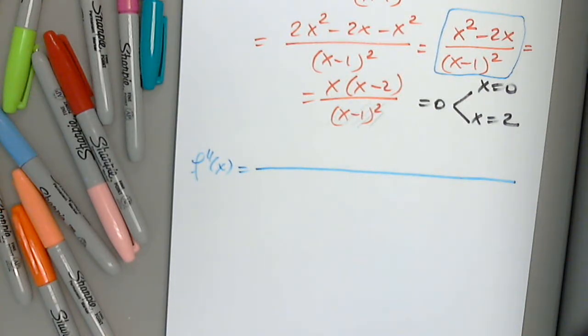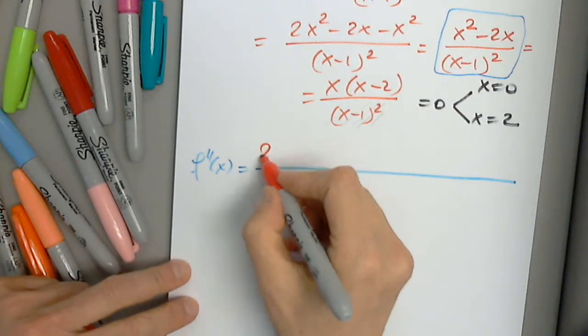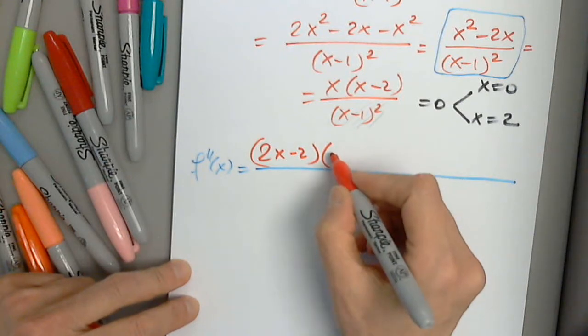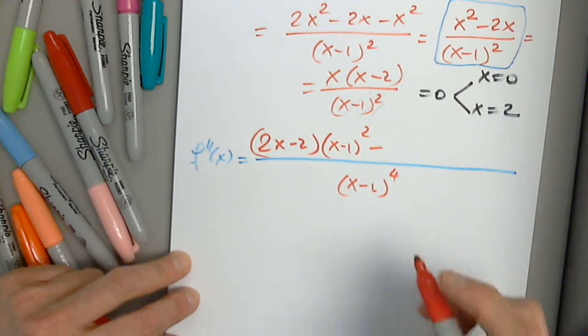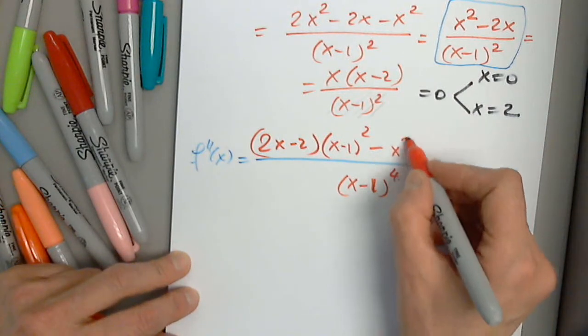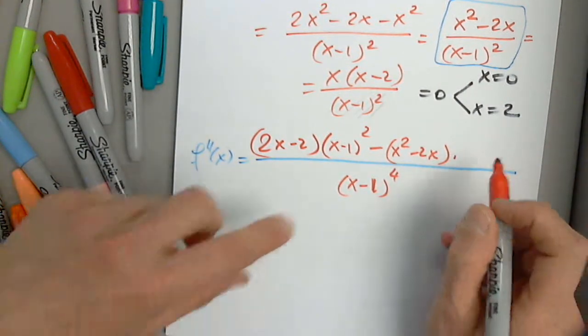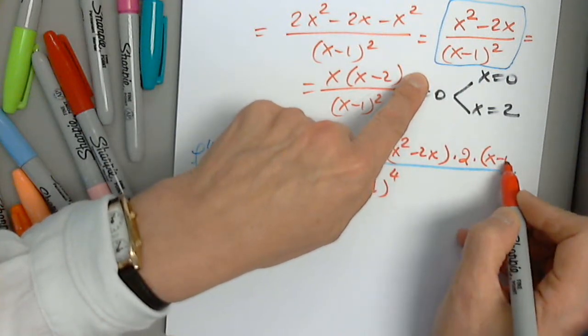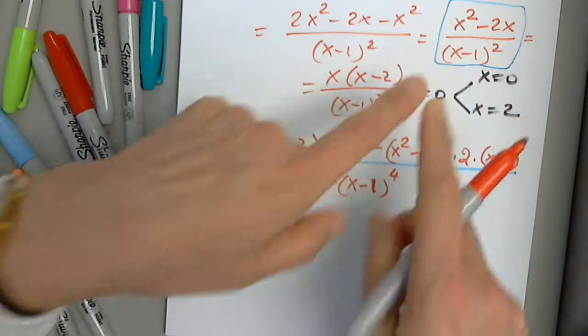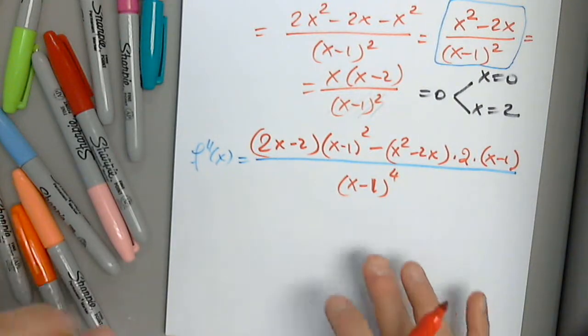You really want that form to differentiate. The top prime, please. 2x minus 1, very good, times x minus 1 squared, minus x squared minus 2x times 1. Careful. We bring 2 down: 2x minus 1, x minus 1, times the inner function prime. Luckily, it's 1.